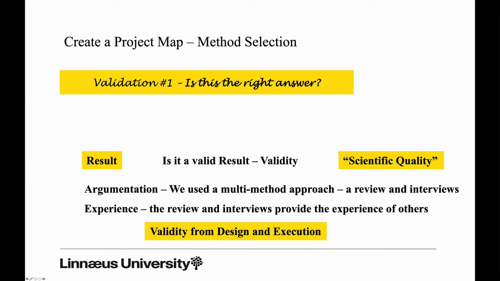If you use review of experience papers and you talk to practitioners, you can argue that this actually contributes to the validity of your study or the results of your study. So you get validity both from the design of your study and also from the execution of your study. We will provide more information about how to approach the challenge of validity in other recordings.